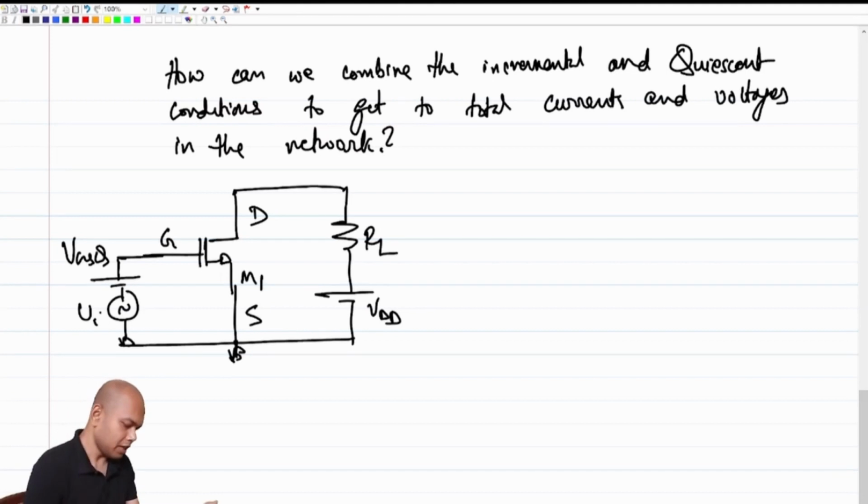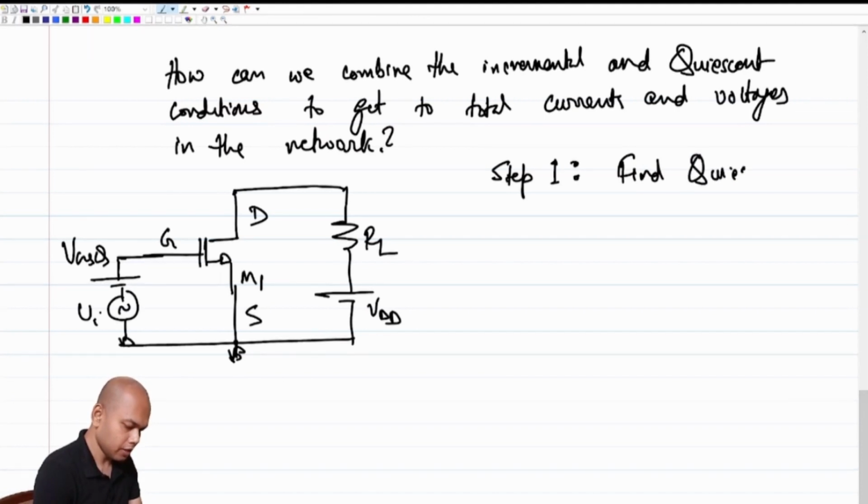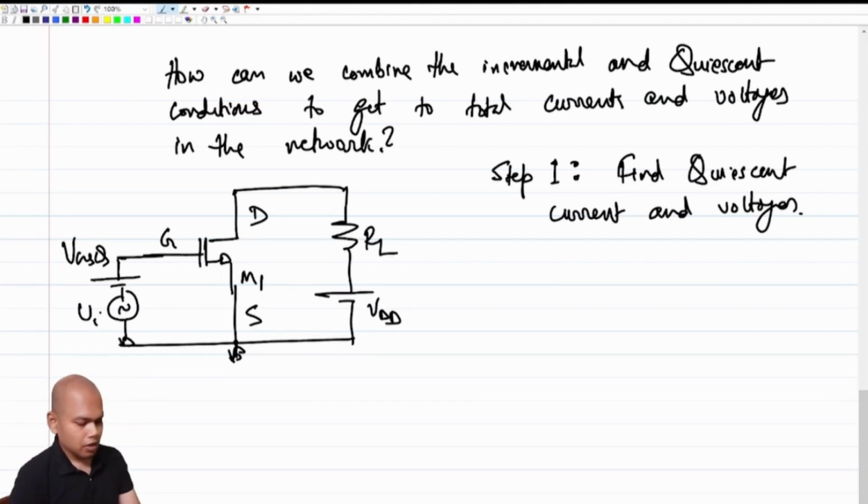So what is step 1? Step 1 is to find quiescent currents and voltages. How will you find them?